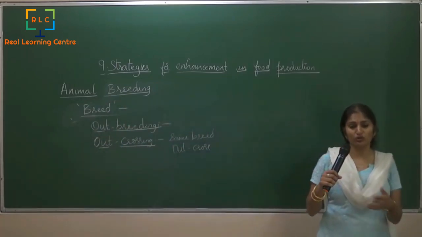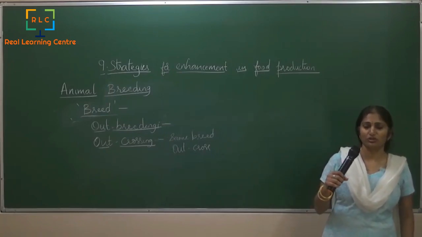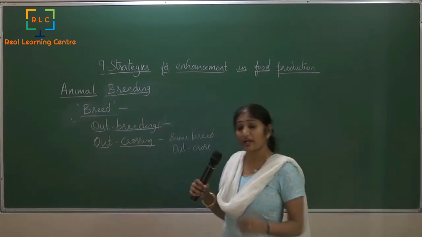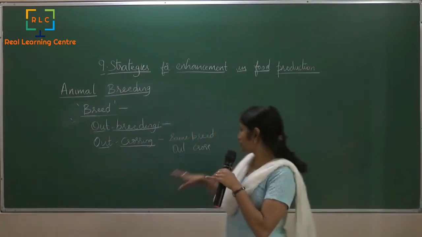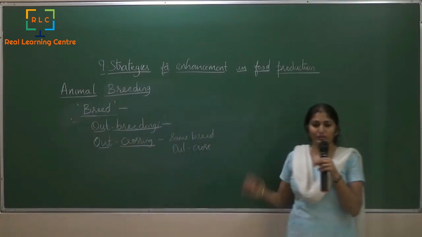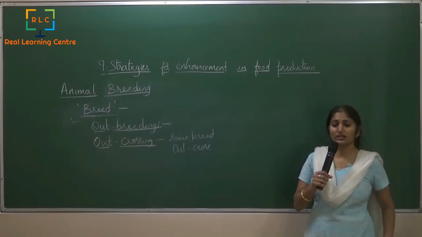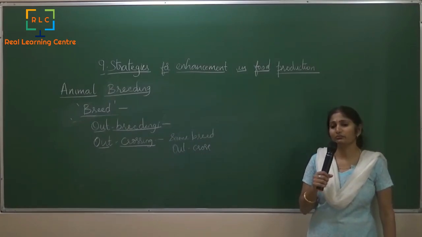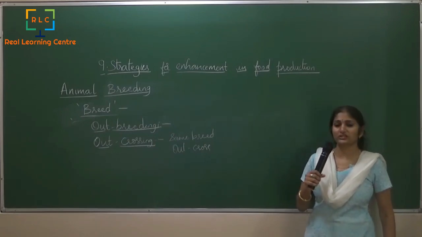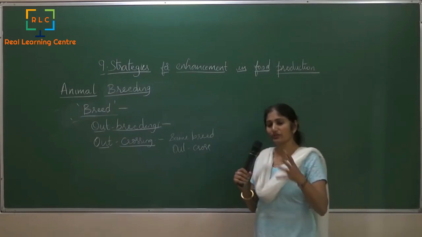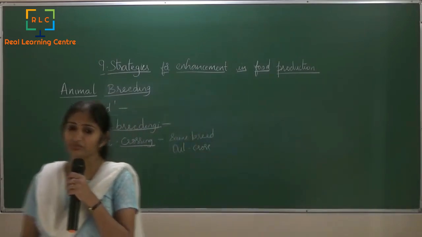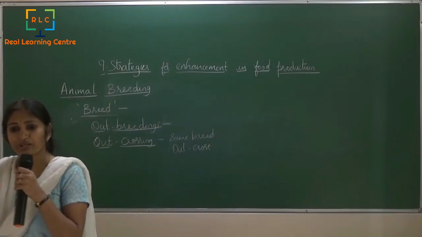And even if we kill, what to do with the carcass? So it has to be something that comes to use somewhere, and that is the time when we do outcross. We do one single outcross, and you see that it helps to overcome inbreeding depression. Okay, so outcrossing is something that is very commonly used to overcome inbreeding depression, right?